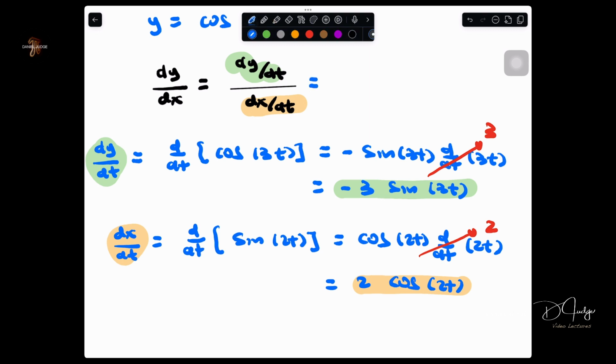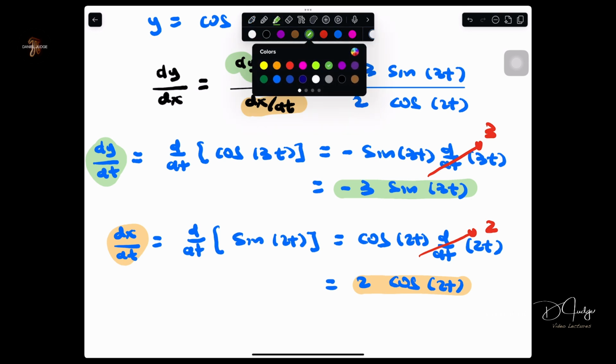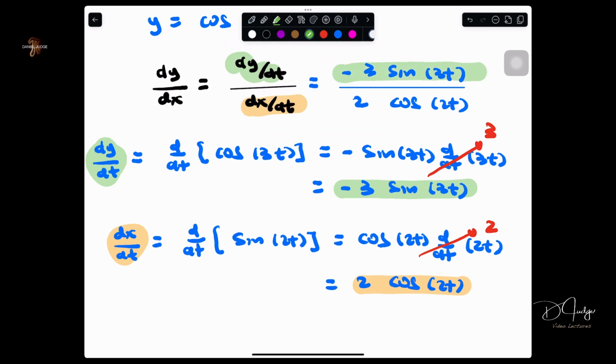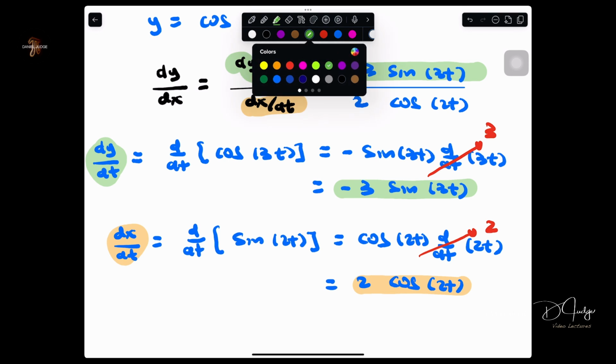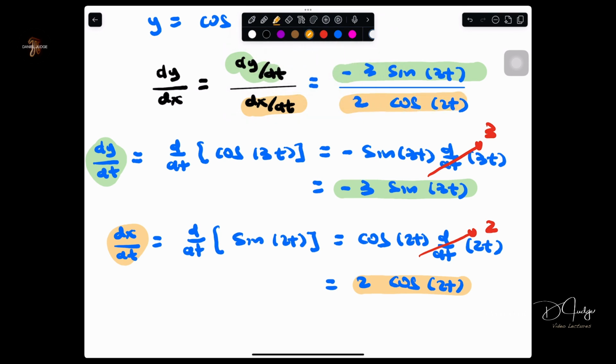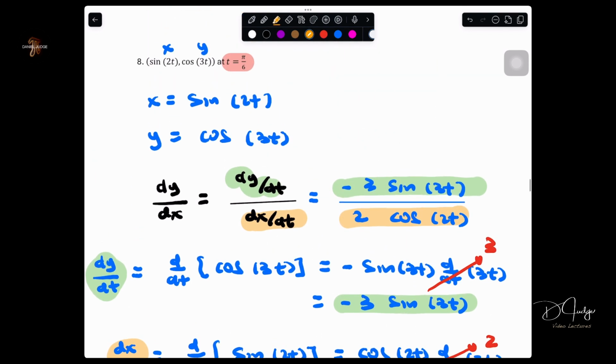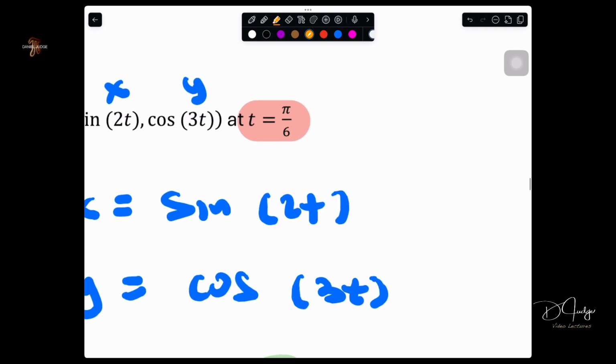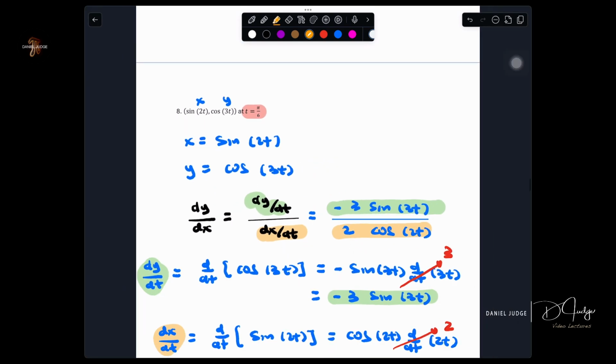So we're going to get negative 3 sine 3t over 2 cosine 2t. So we can see, if colors help, what we're doing. Now, don't forget, we have to evaluate this at t is pi over 6.